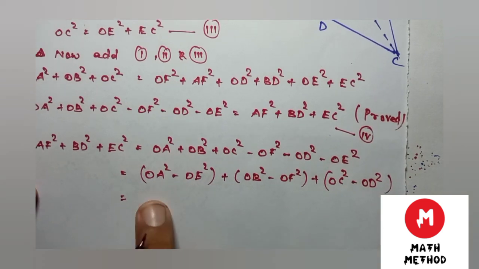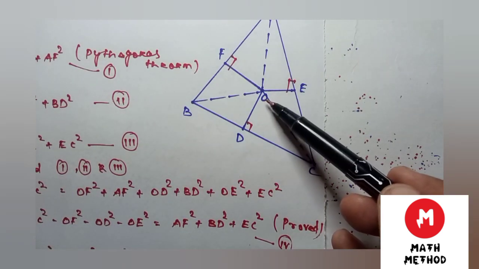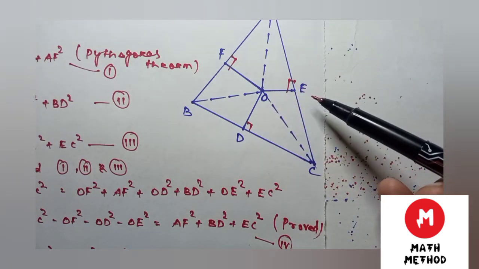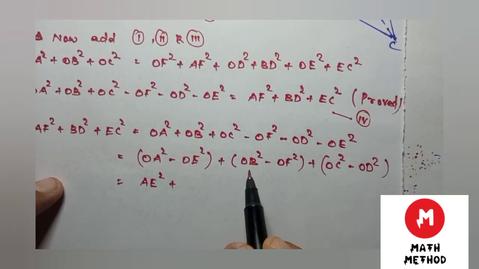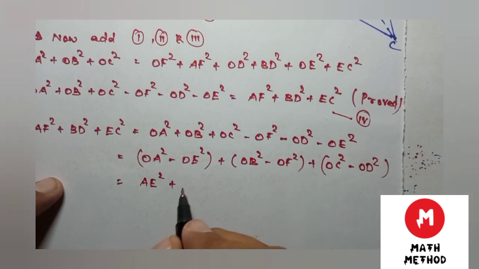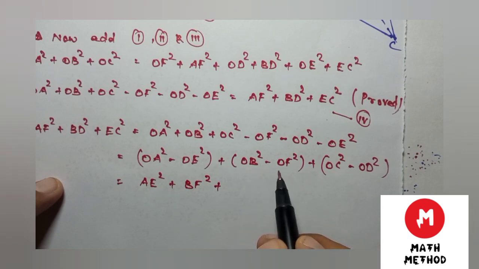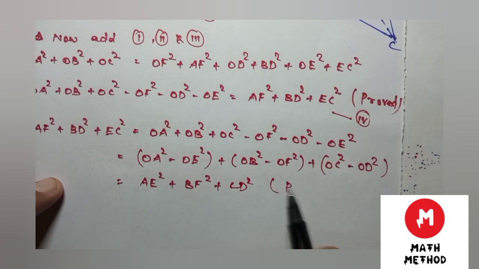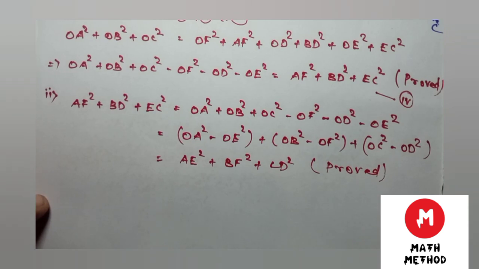So here also by applying Pythagoras theorem, OA square minus OE square is equal to our AE square, OB square minus OF square is equal to our BF square, OC square minus OD square is equal to our CD square. This is our proved. So part 2 is also over. Question 8 is over.